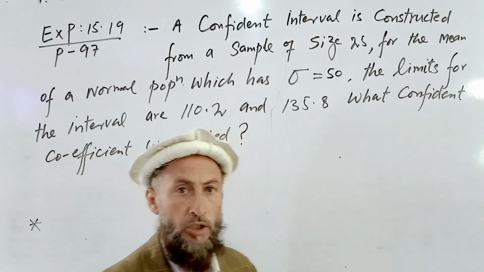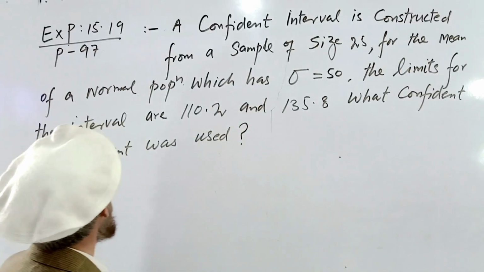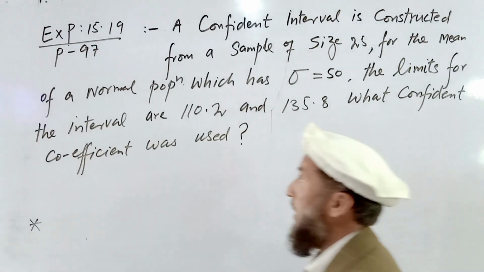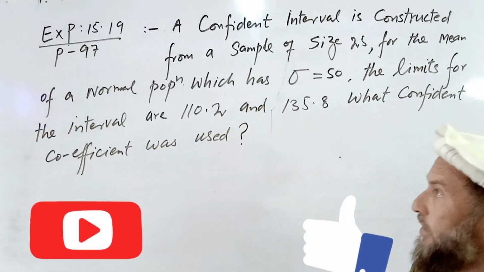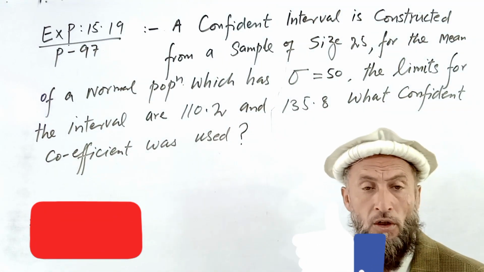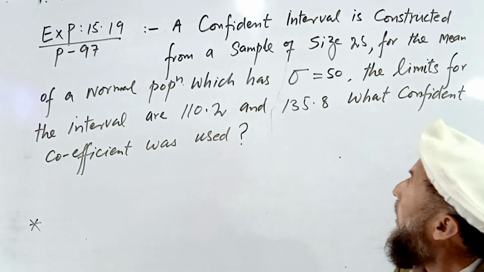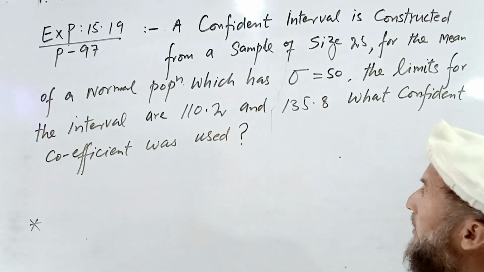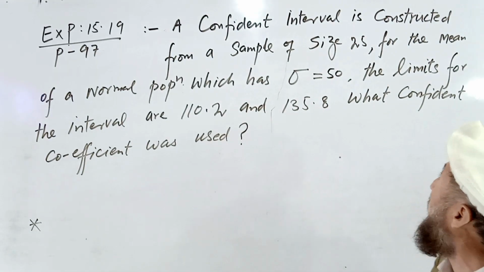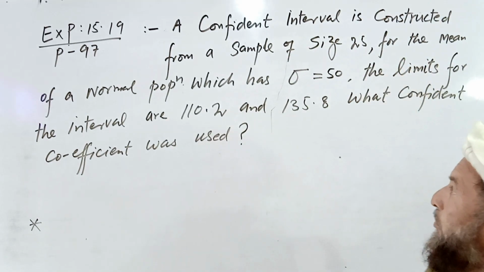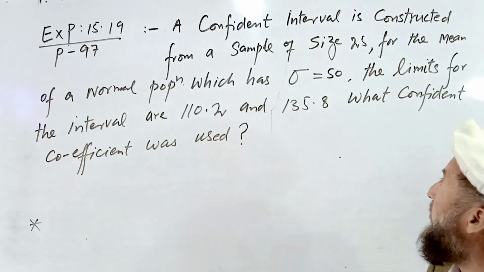Today we are going to discuss the problem of example 15.19, page number 97 from the statistical BC box BBA book, statistical inference part 2. A confidence interval is constructed from a random sample of size 25 for the mean of a normal population whose sigma is 50.